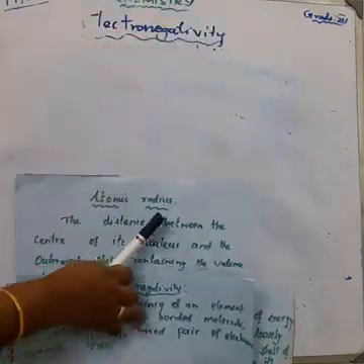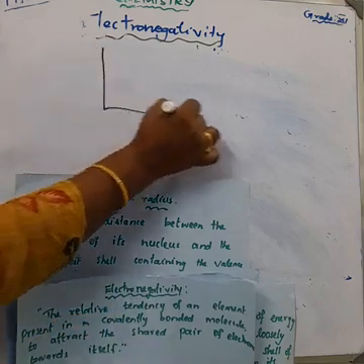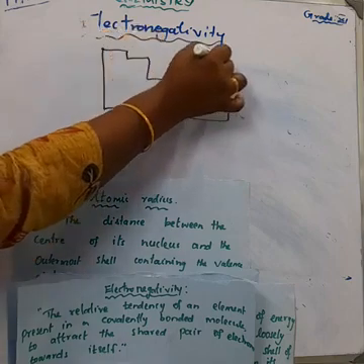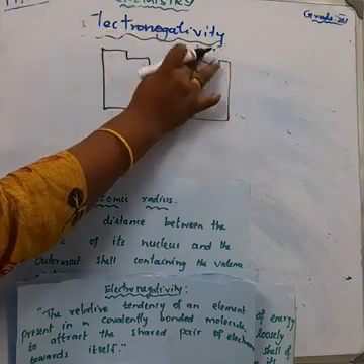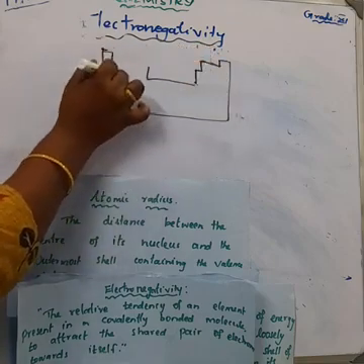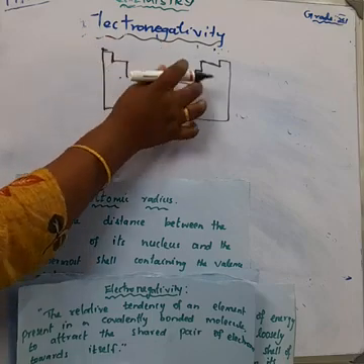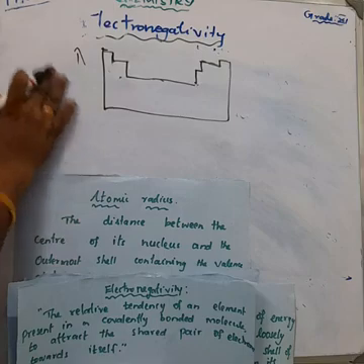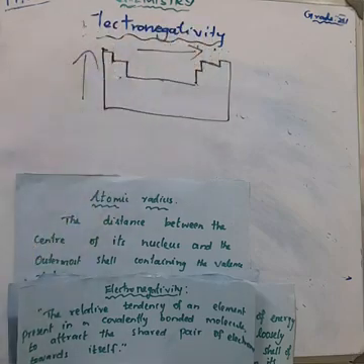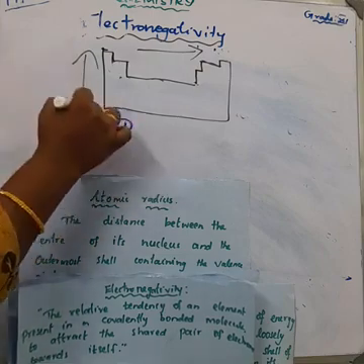Along the periods, atomic radius decreases because the atomic number increases, but the extra electrons are added to the same shell. Because of this, the nuclear force is high, so the nucleus pulls the electrons very closely towards itself, and the atomic size decreases along the periods.